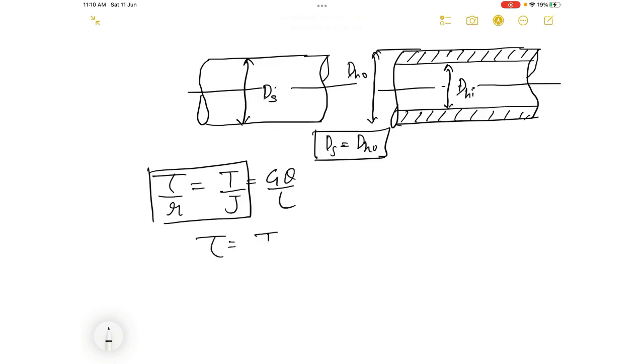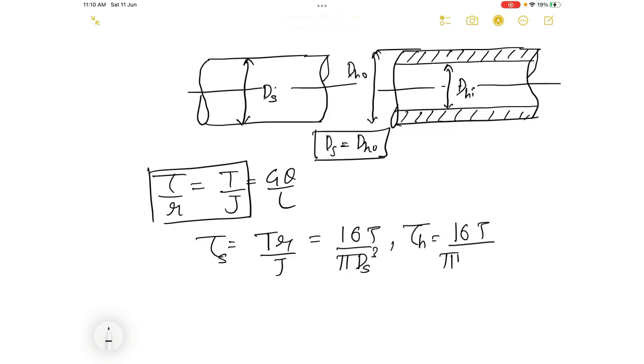So I get an expression for the torsional shear stress. So if I'm writing it for the solid shaft, the final expression comes out to be 16T by pi d_s cubed, and for the hollow shaft it is 16T by pi d_outer cubed into 1 minus k to the power 4, where k is equal to d_hi divided by d_ho.